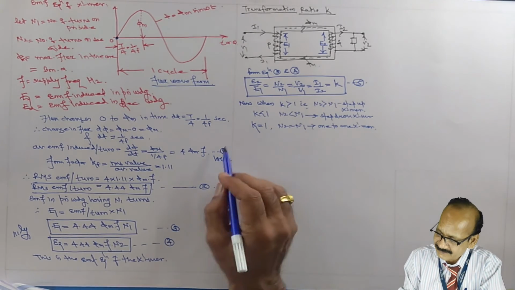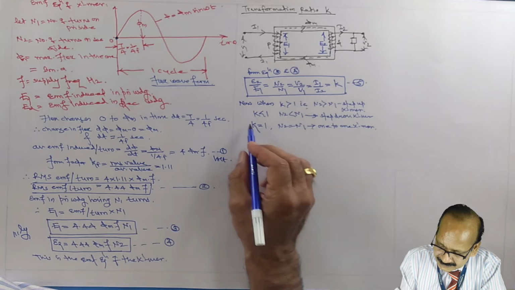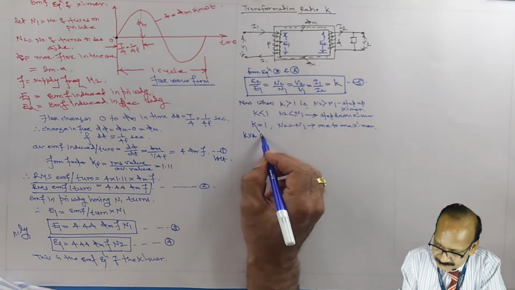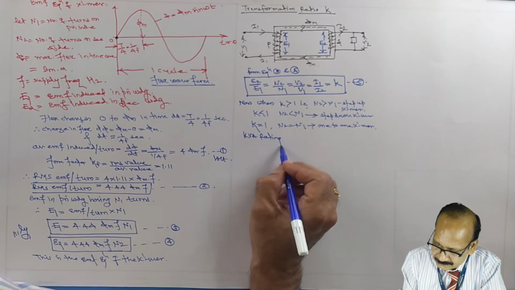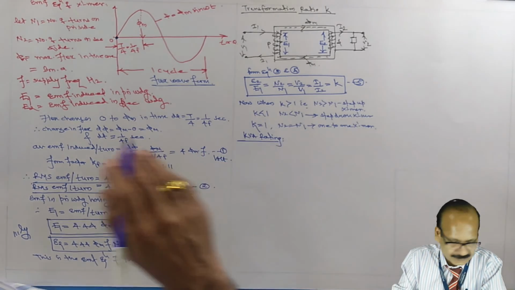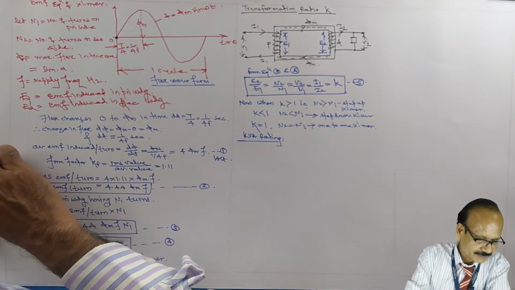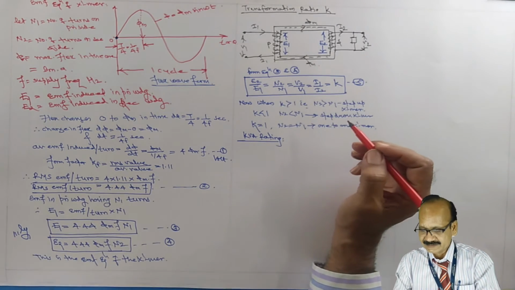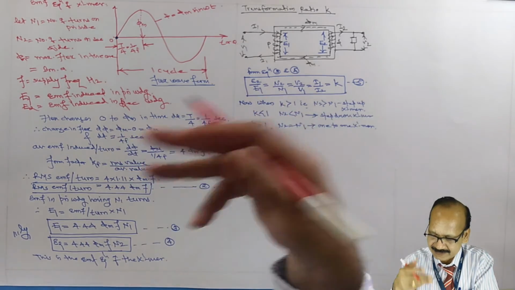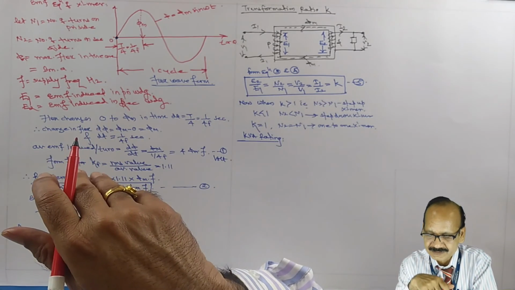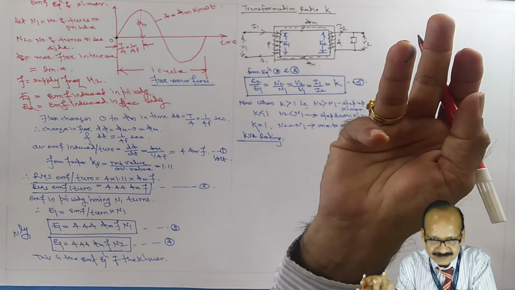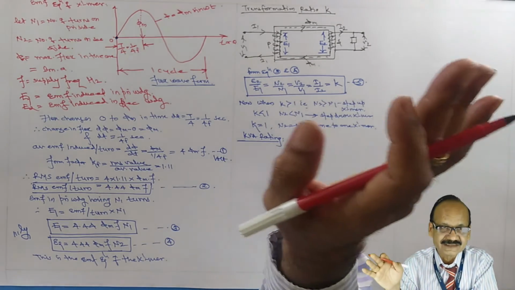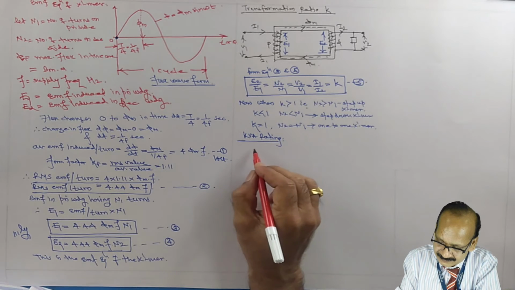Then we can go for the kVA rating of the transformer. The kVA rating of the transformer is nothing but a product of voltage and current. It may be either on the primary side or the secondary side without exceeding the standard temperature rise.